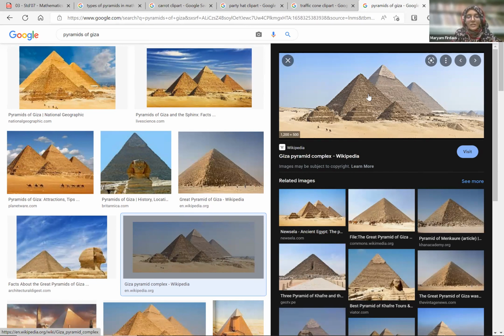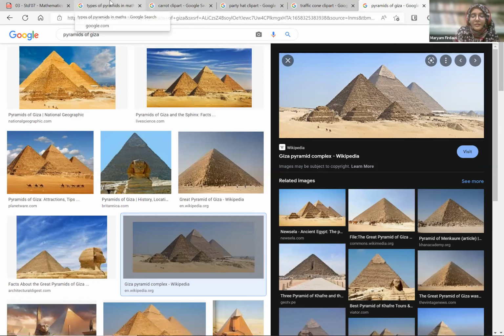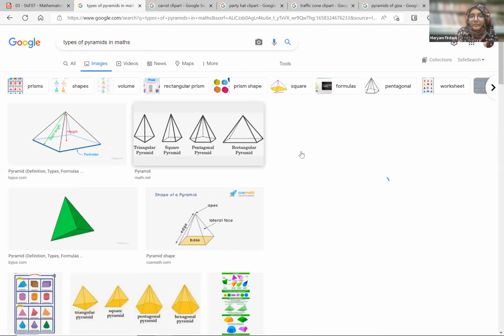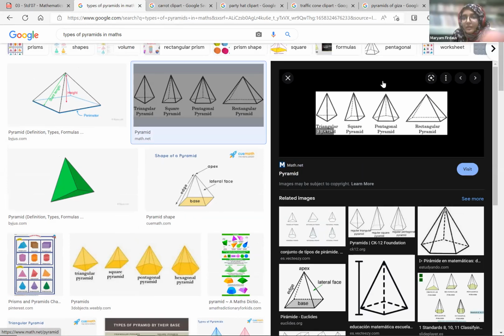That I will tell you in just a little bit, because you might get confused later on between pyramid and prism. So we'll be clear on that. So this is a pyramid, and there are different types of pyramid. First of all, let's see the different types of pyramids. Okay, can you see this? Yeah. Let me try to zoom in.